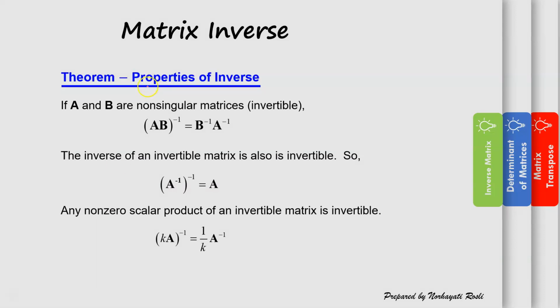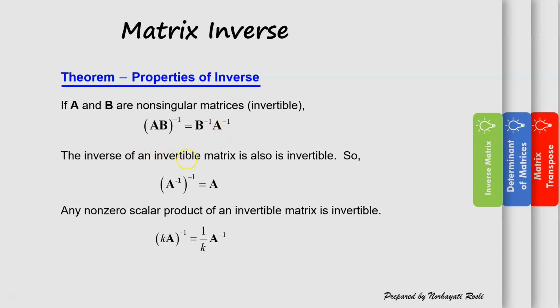We go to the theorem: properties of the inverse. If A and B are non-singular matrices, meaning that non-singular, as we have learned previously, is invertible. In this case, if you multiply matrices A and B, then take the inverse, it is equal to B inverse multiplied by A inverse.